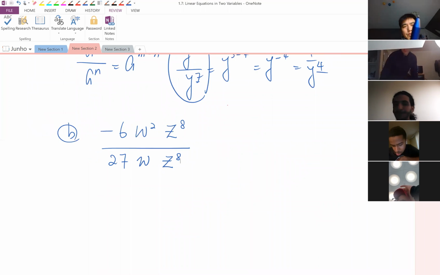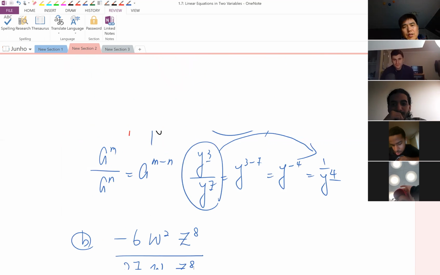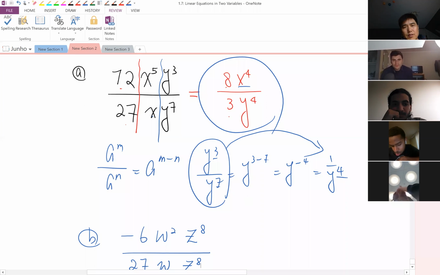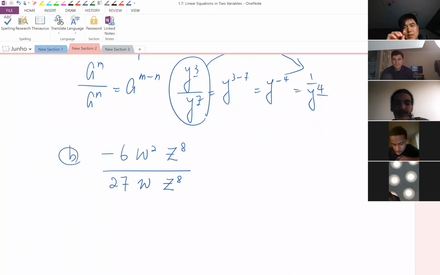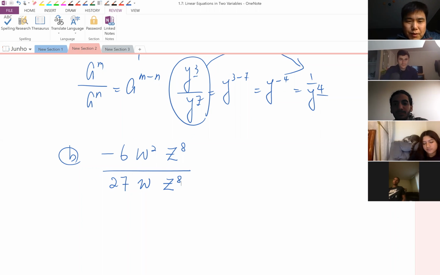Basically it is similar to part A. Before we had x and y, and now we have w and z. So Heidi, are you here? Yeah. Can you simplify the number term, please?